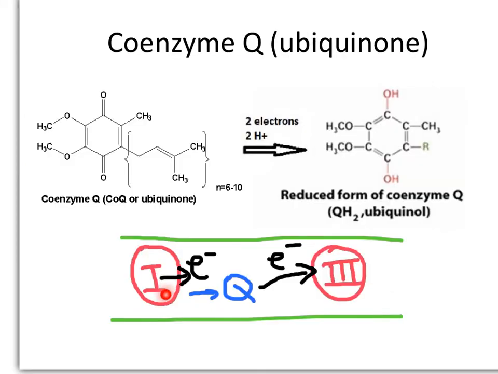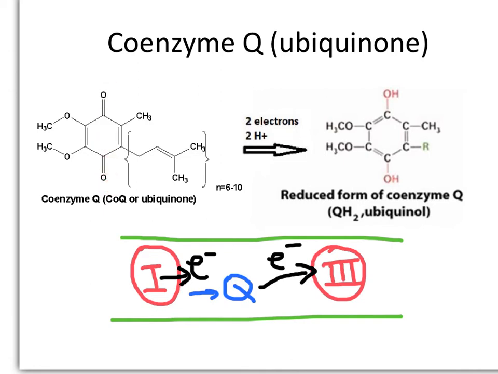After electrons are in complex number 1, how do they travel from complex number 1 to complex number 3? The answer for that is the molecule of ubiquinone, or coenzyme Q. Electrons will be sent to complex 3 by use of this molecule.